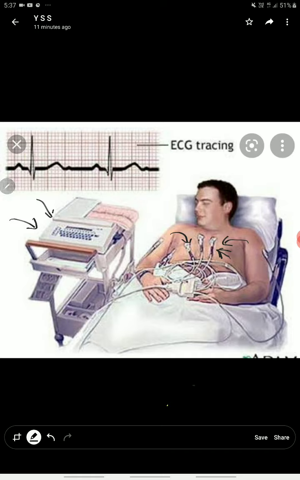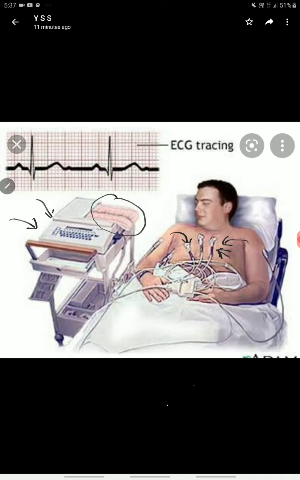But to obtain the standard electrocardiogram, we will connect the leads to both the wrists and the left ankle. Okay, to our wrists and left ankle, you have to remember that. So we can obtain a standard electrocardiogram. So you see here the sheet of paper.